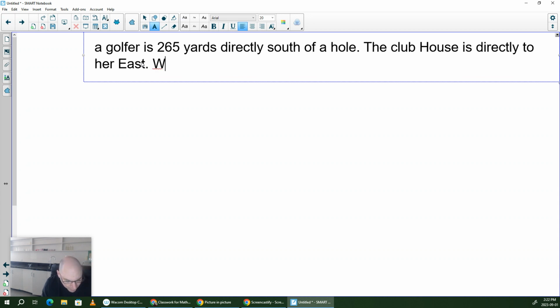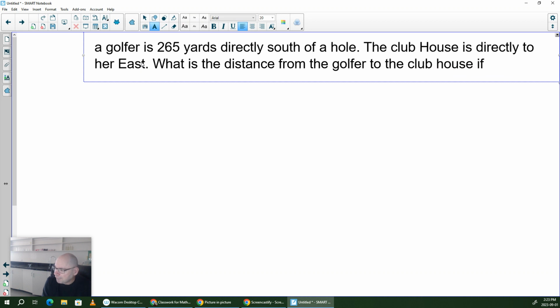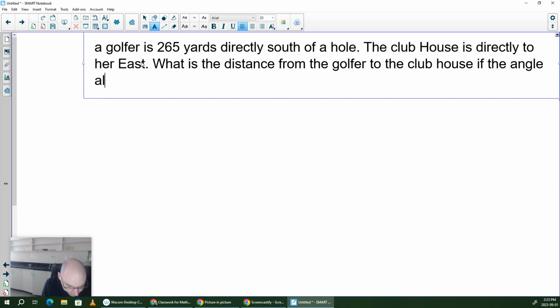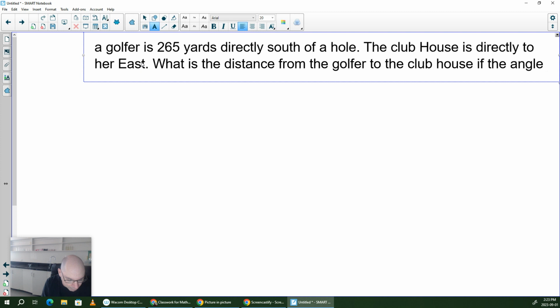And we're going to say, what is the distance from the golfer to the clubhouse if the angle, let's call it between the clubhouse and flag, so if centered on the clubhouse, that's the way to put it.